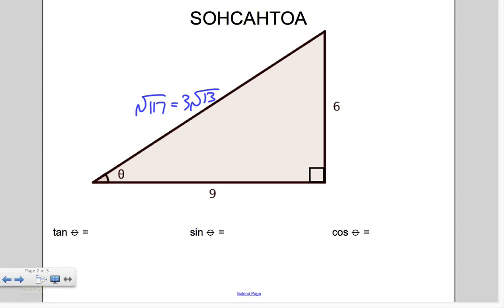So again, what's the tan of theta? Opposite over adjacent.